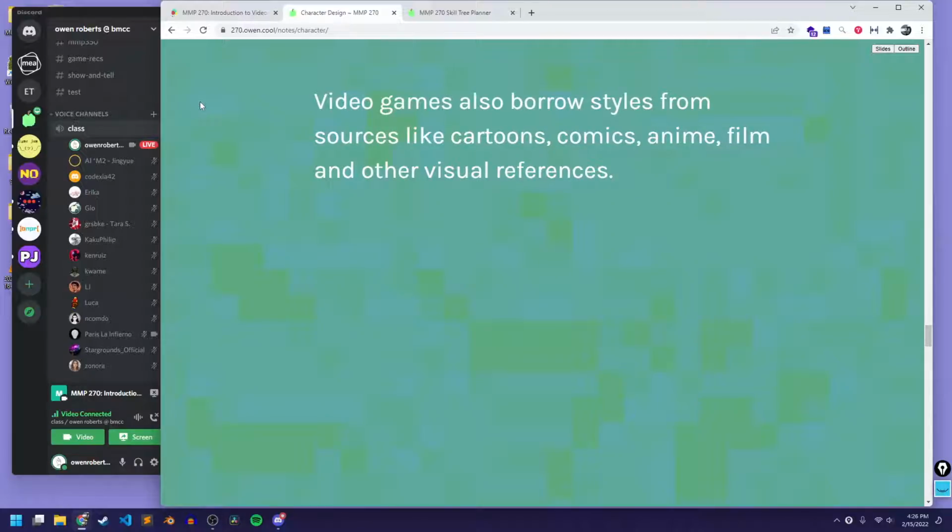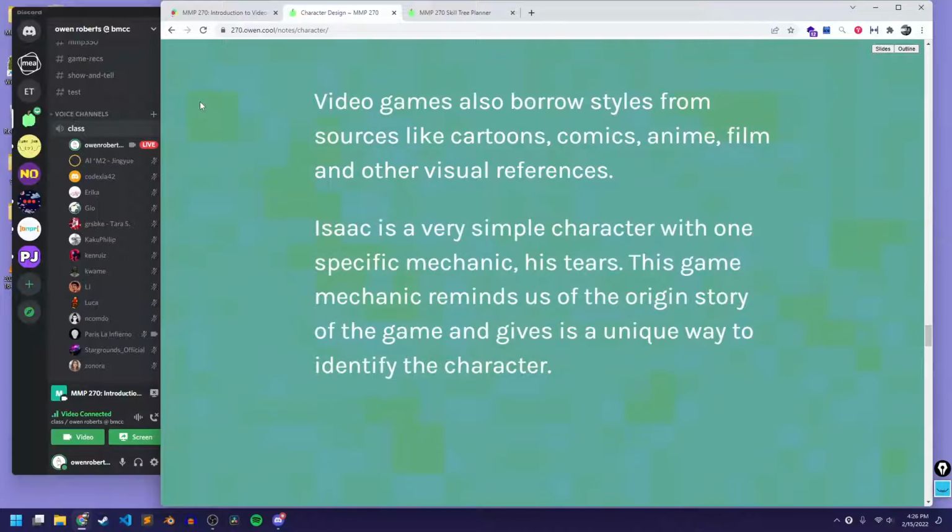So video games borrow styles from a lot of different sources: cartoons, comics, anime, film, all sorts of visual references. We can see video games of all genres and styles borrowing from many different styles. And with the character design, as with Isaac, there's often a simple character design that is tied into the game story as well as the functionality.